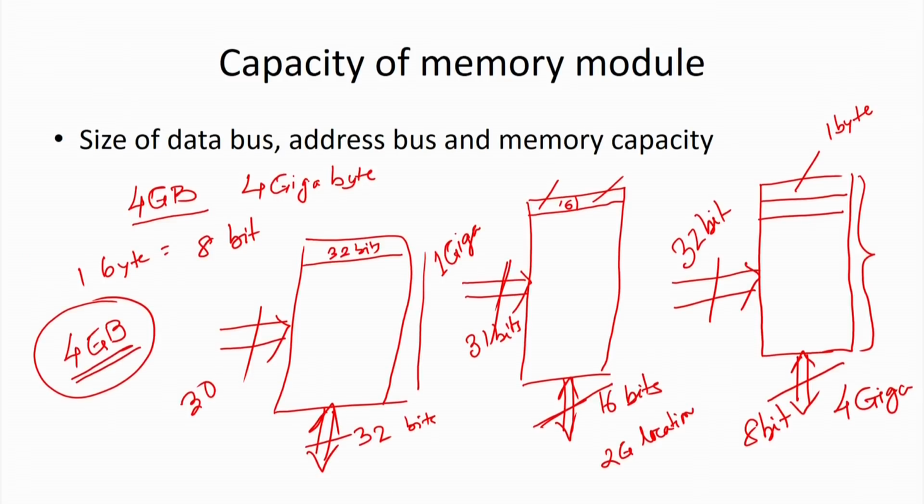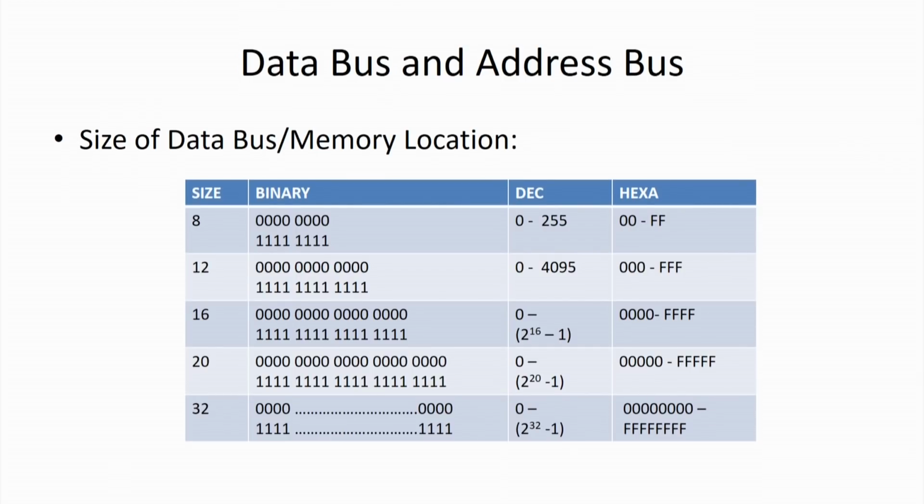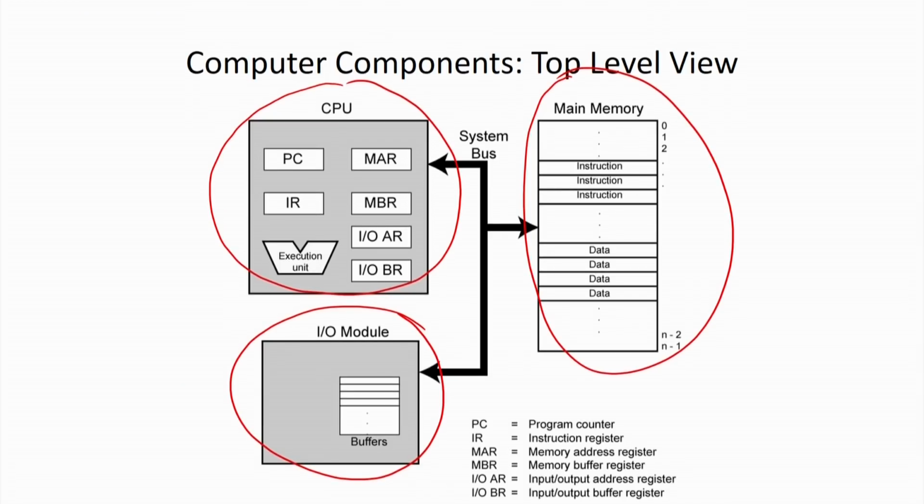So, the processor is basically connected to the memory unit and I/O devices through the system bus. The system bus has 3 parts: address bus, data bus and control bus. By looking at the size of the address bus, we can find out the maximum size of memory that we can connect to that processor.